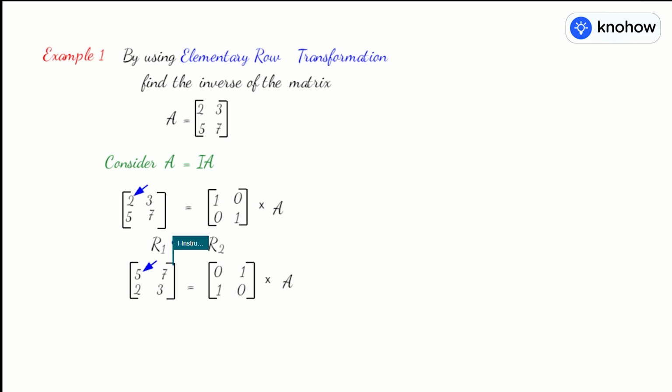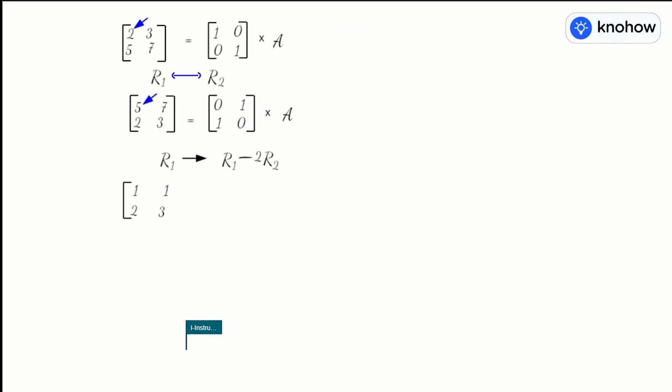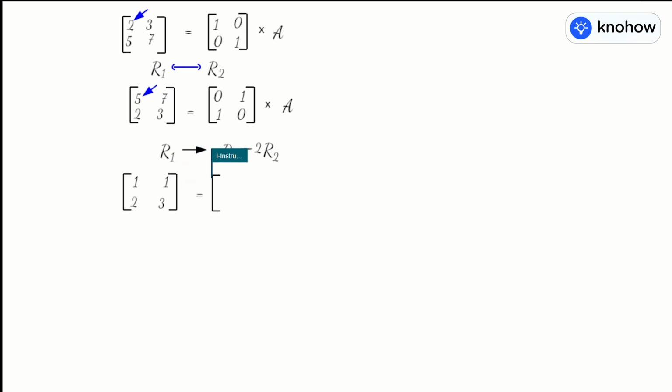So the next operation is replace R1 by R1 minus 2 times R2. So 5 minus 2 times 2, 4 will make it 1, and 7 minus 2 into 3, 6 also makes it 1, and the second row remains the same. Apply the same operation on the right.